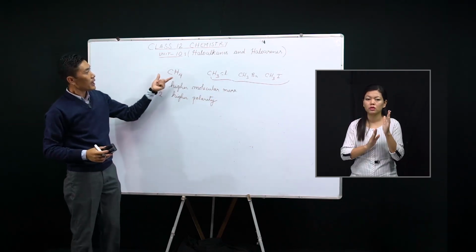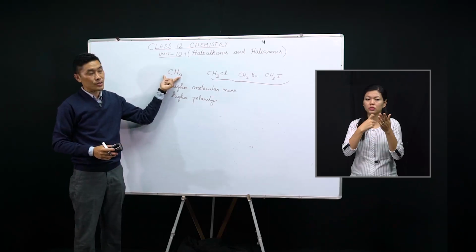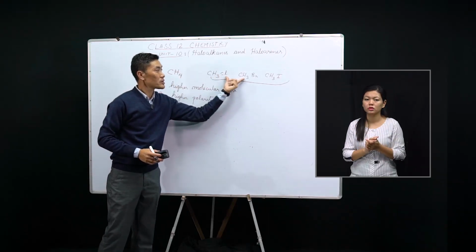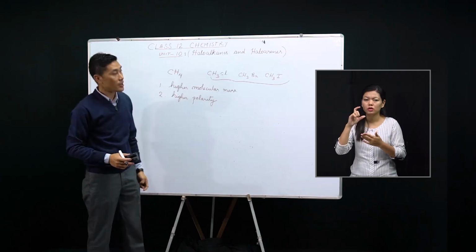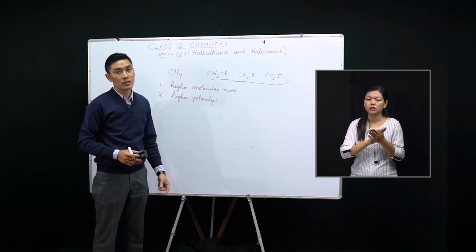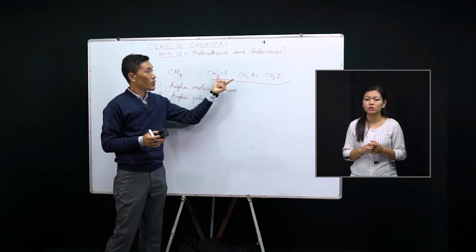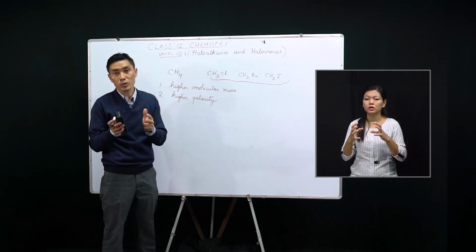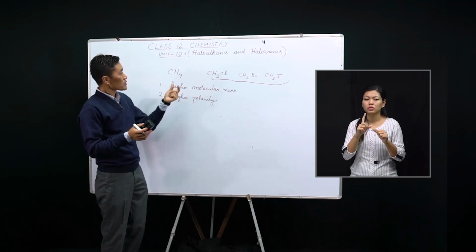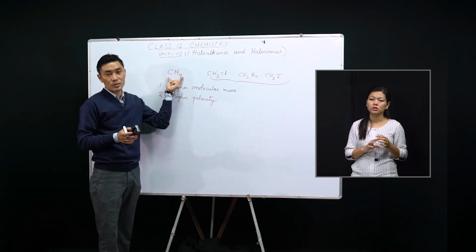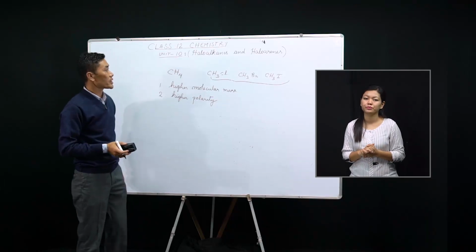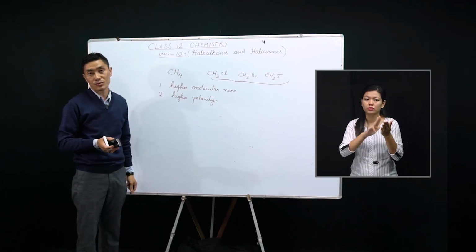In fact, the hydrocarbons are non-polar molecules, while the haloalkanes are polar in nature. They are all polar molecules. So the intermolecular forces of attraction in these haloalkanes are dipole-dipole interactions, whereas in hydrocarbons, the intermolecular forces of attraction are the weak van der Waals forces only.